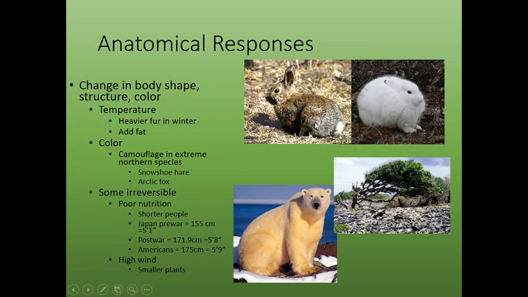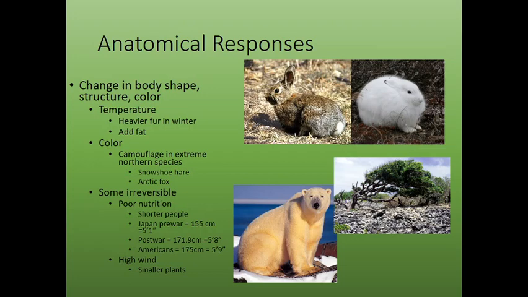You can see it obviously gets way more fur because these things live up in northern Canada, up into the Arctic. So it's a definite outward appearance that you can see easily. It's in response to temperature, but also a little bit camouflage so they can blend in with the snow a lot better.